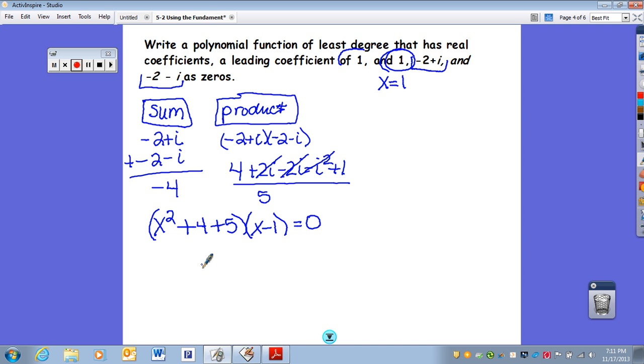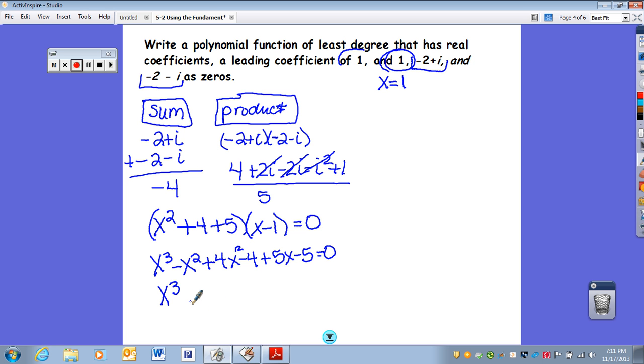Then we're going to multiply this out. So we have x to the third power minus x squared plus 4x minus 4 plus 5x minus 5. So we have x cubed, and we have minus x squared, and then this was supposed to be plus 4x squared.